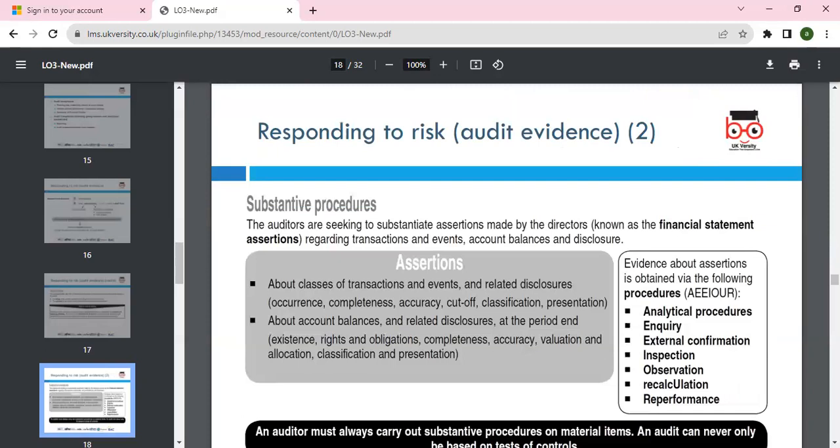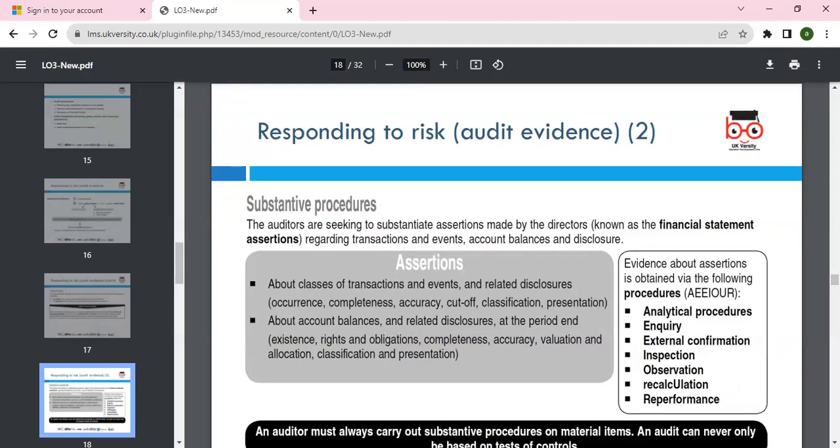Okay, responding to the risk evidence, we can look at substantive procedures. The auditor is seeking substantive evidence on assertions made, known as financial statement assertions, for transactions and events: that they are complete and we have evidence, and account balances, so all the classes of transaction, whether fixed assets or other expenses, and related disclosures.